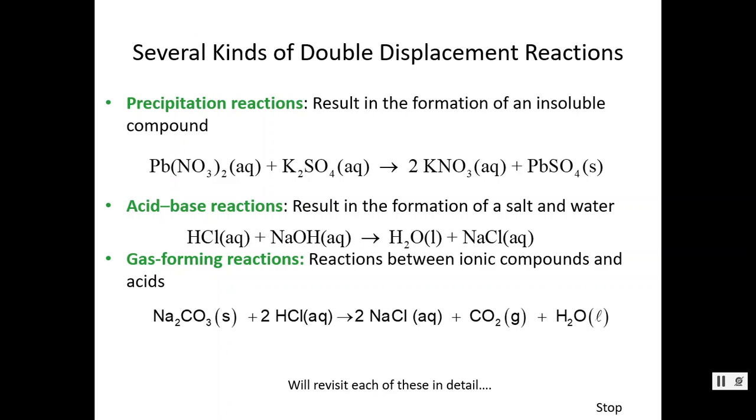Acid-base reactions, those are also double displacement reactions, but specifically ones that involve, obviously, an acid and a base. And we've already talked a little bit about acids in Unit 1. We said acids were those species that had a hydrogen at the beginning, and in aqueous solution broke apart to give you hydrogen ion. We'll talk about bases later on in the chapter.